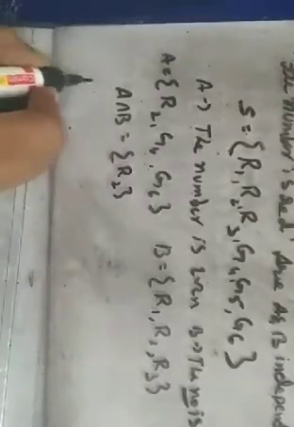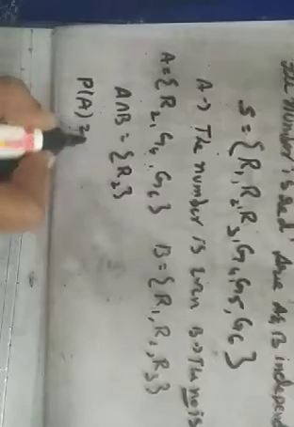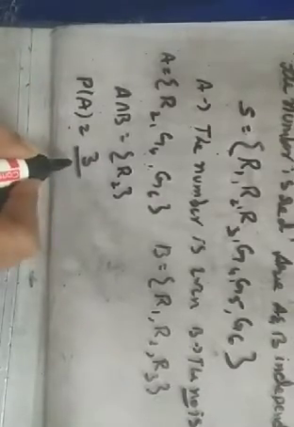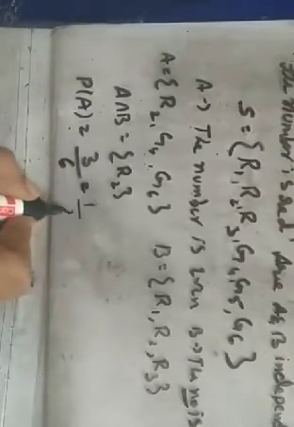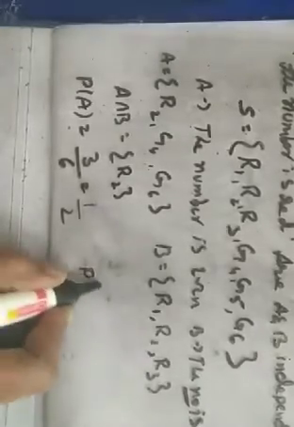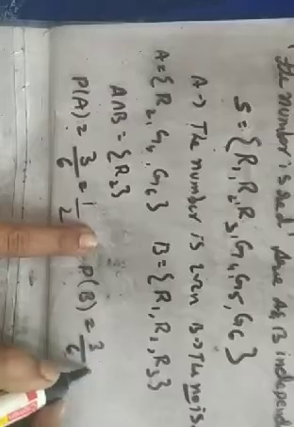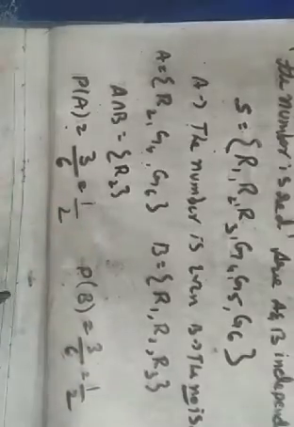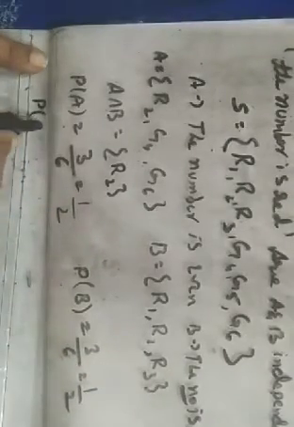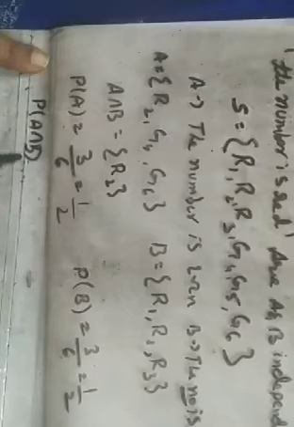Let us find the probability. So probability of A is 3 by 6, 1 by 2. Probability of B is 3 by 6, 1 by 2. Probability of A intersection B is 1 by 6.